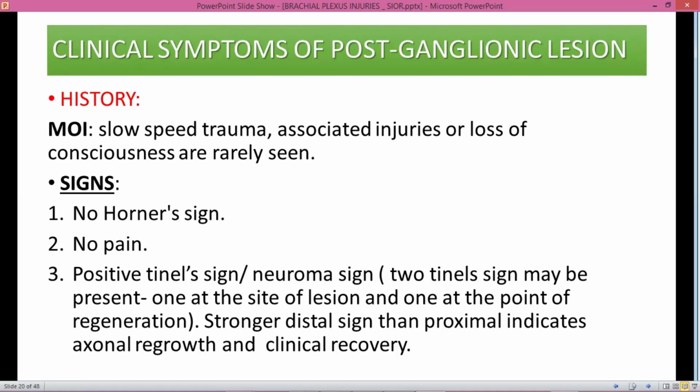Now, there are two regions. One is the site of the lesion, and the other is the point of regeneration. So, two Tinel signs will be present. A stronger distal sign than the proximal indicates that there is axonal regrowth and clinical recovery. This is a very important point and it has to be remembered.